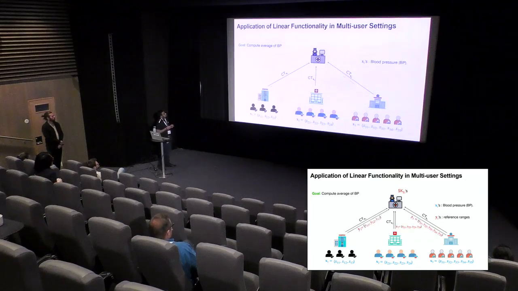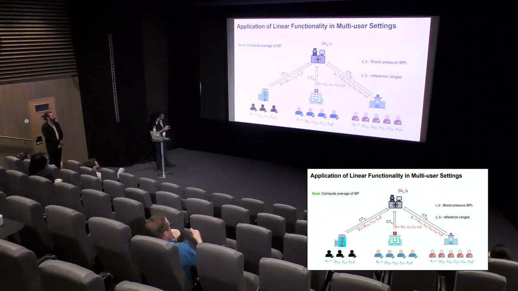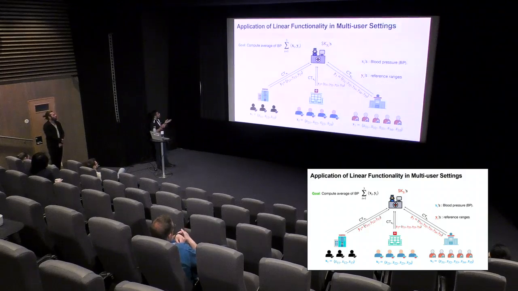Users obtain a secret key corresponding to a weight vector y_i, where these y_i might represent the importance of certain measurements and the confidence levels depending on the hospital practices. Therefore, the functionality allows us to compute the average blood pressure as the sum of the inner products.